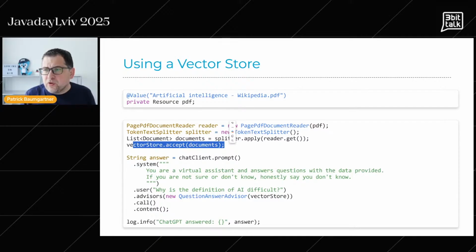For example, you could use a Postgres vector store as a Docker container, and you could get Spring AI connected to that one. And as you can see here, we do the same prompts, system prompt, user prompt. We use an advisor, or there are also slightly other approaches, where we do the similarity search. So the chunks get added to the prompt, and then you get the answer to that, right?